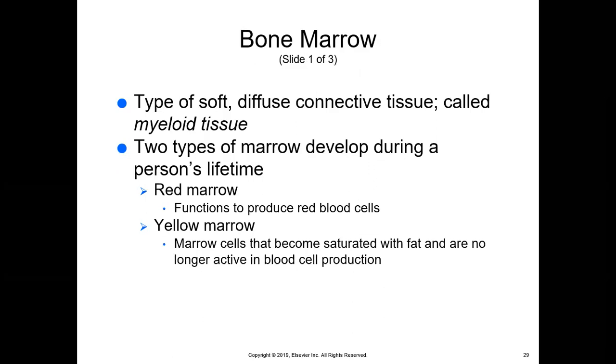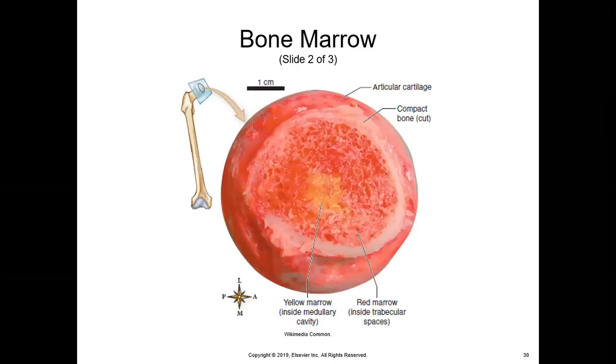So it starts off as red marrow, and then it becomes saturated with fat, and it's no longer active in blood cell formation. The red marrow is found in virtually all the bones in an infant or child's body. The yellow marrow replaces red marrow as the individual ages.